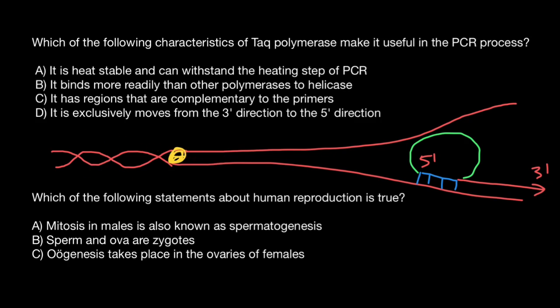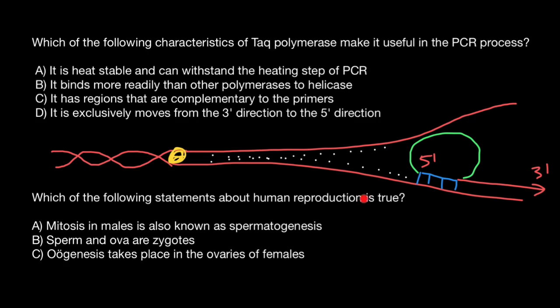And in order to prevent these two strands of the DNA from binding again, another type of protein is used, which we call single-strand binding protein, which prevents these two complementary strands from binding again.